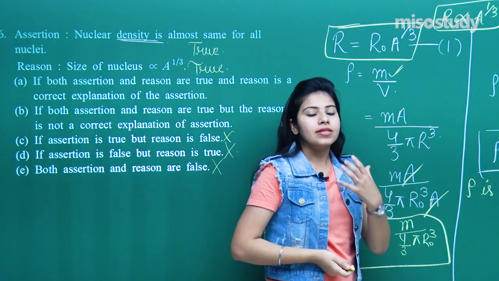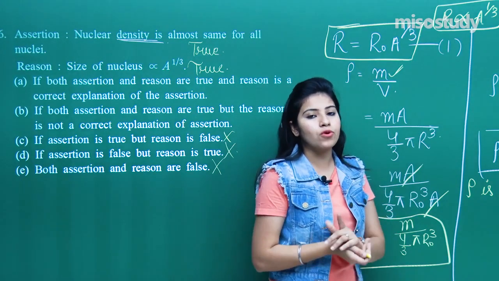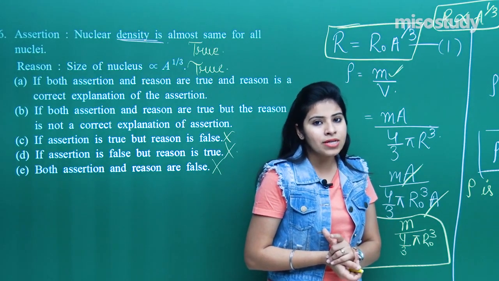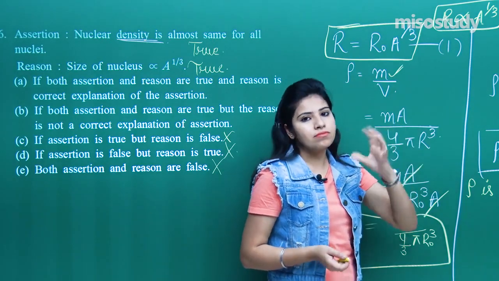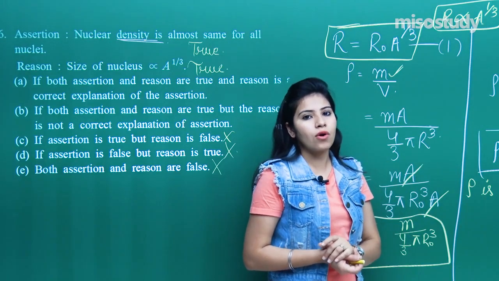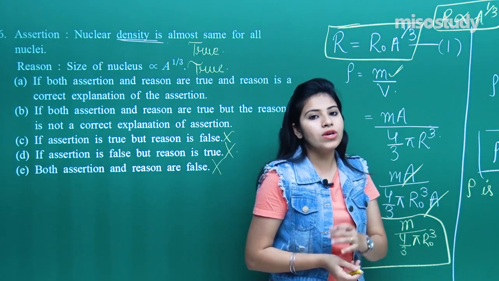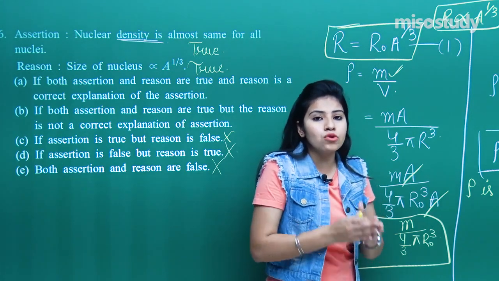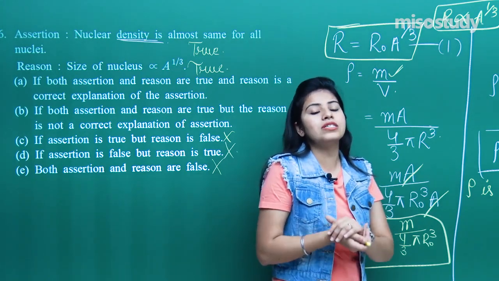But yes, the number of neutrons and number of protons will be changed in the mass number. So that means this mass will be little bit changed for all the nuclei, because we know that the mass is depending upon the number of neutrons and number of protons inside the nucleus.